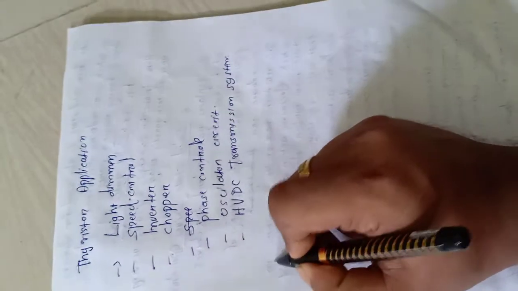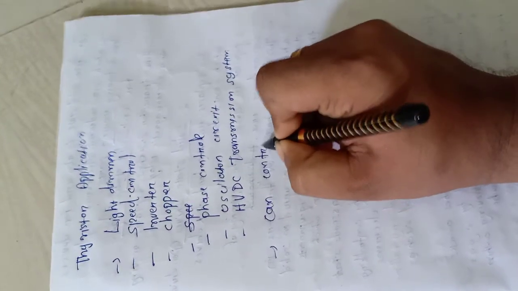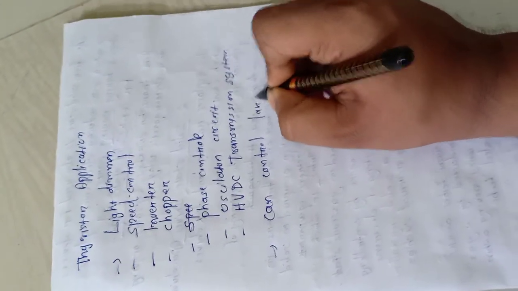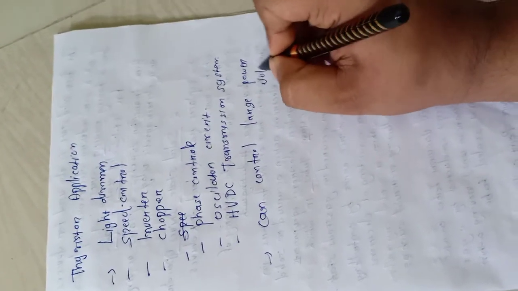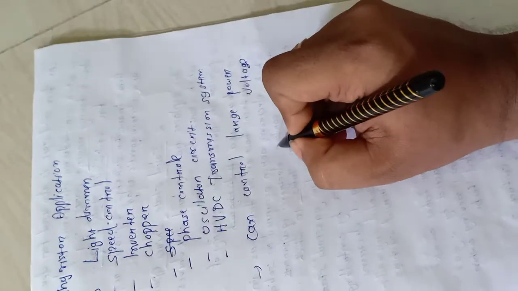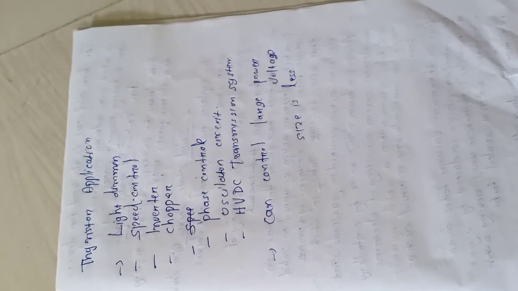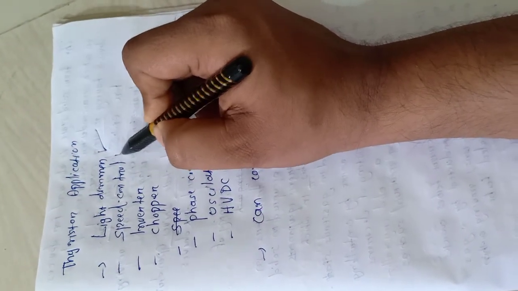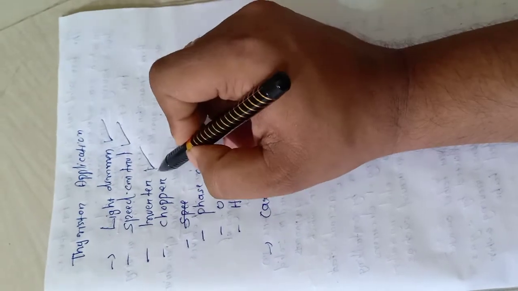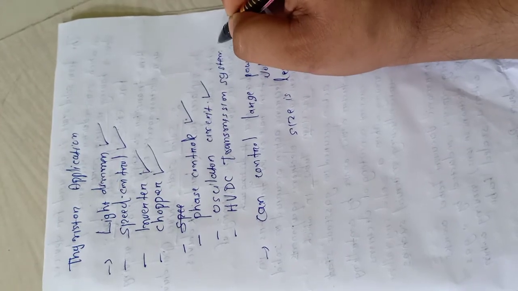I am writing here: can control large amount of power and voltage, and size is less. So where are its applications? Light dimmer circuit, speed control of motors, inverter circuit, chopper circuit, phase control, oscillator circuit, HVDC transmission system.